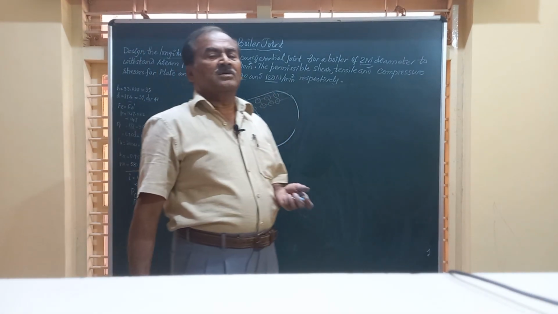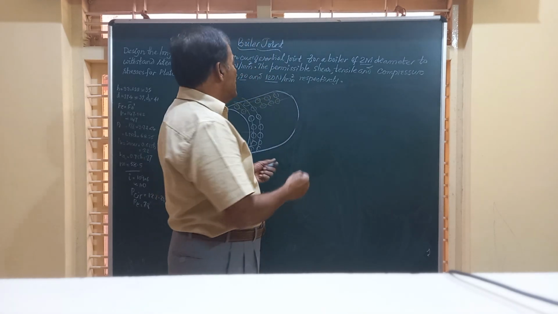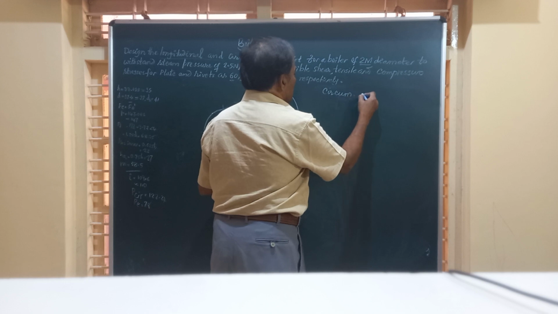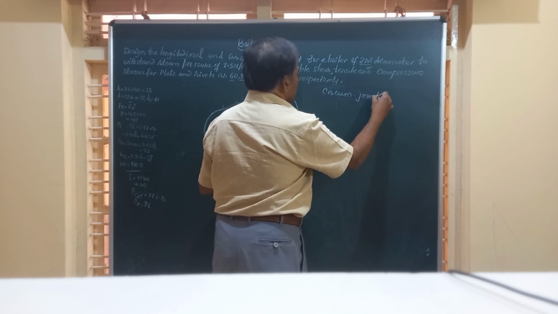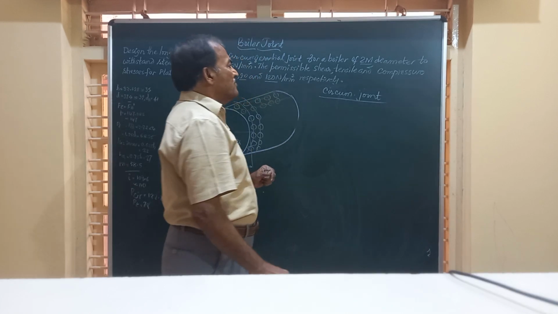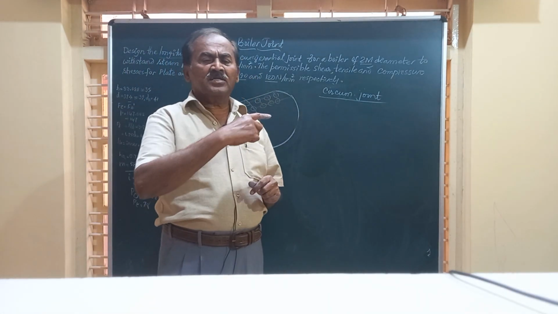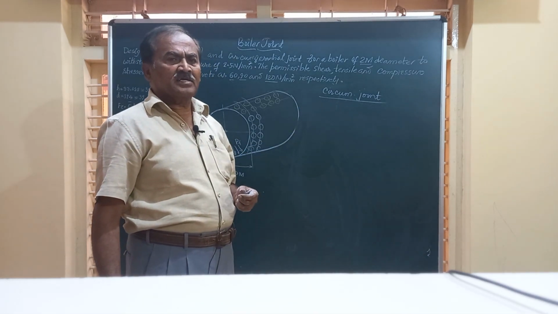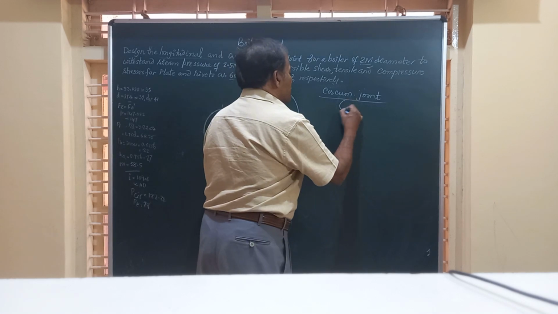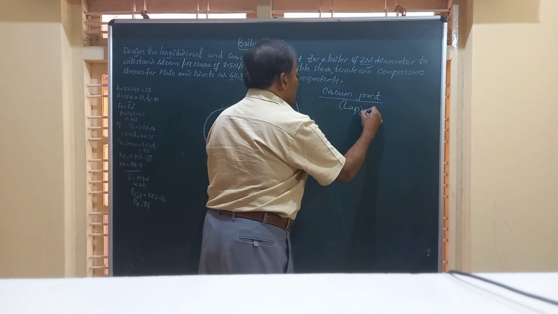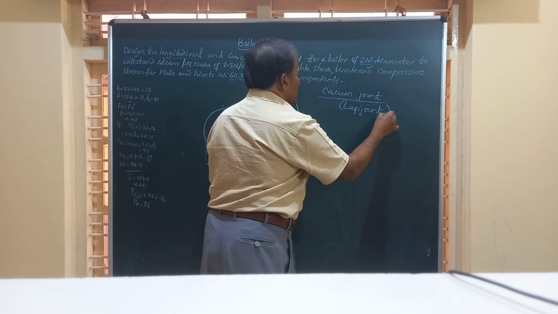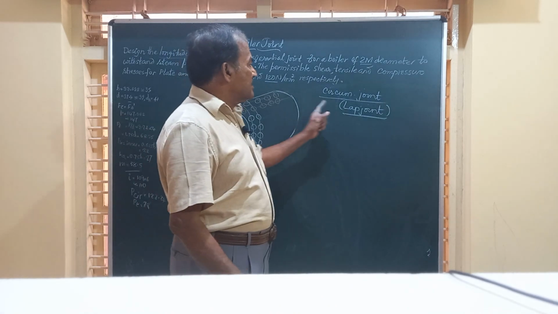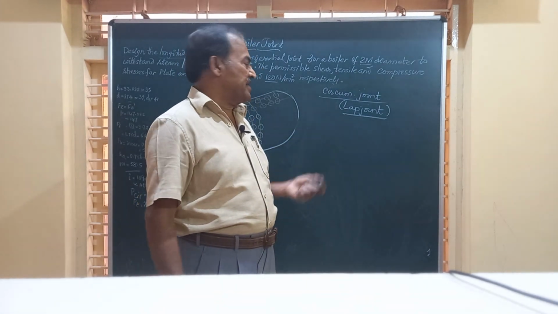Friends, next we are required to design the circumferential joint. The longitudinal joint is a butt joint and the circumferential joint is a lap joint. This you should remember.